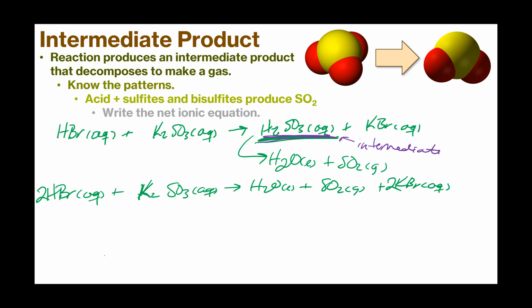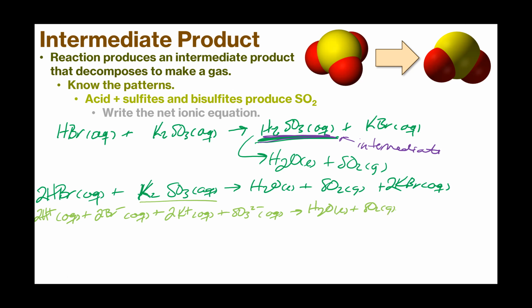Okay. Let's dissociate this and come up with our net ionic equation. HBr is a strong acid, so we're going to dissociate it: 2H plus aqueous plus 2Br minus aqueous, plus potassium sulfite is a strong electrolyte, so we're going to dissociate it: 2K plus aqueous plus SO3 2 minus aqueous, gives us water, which is a liquid, so it stays together.